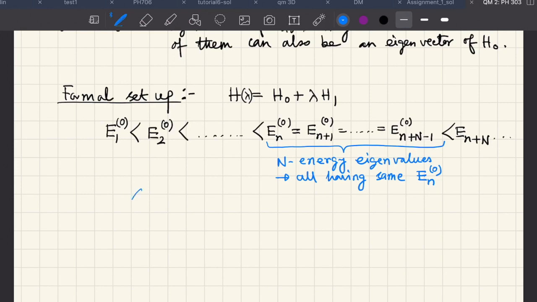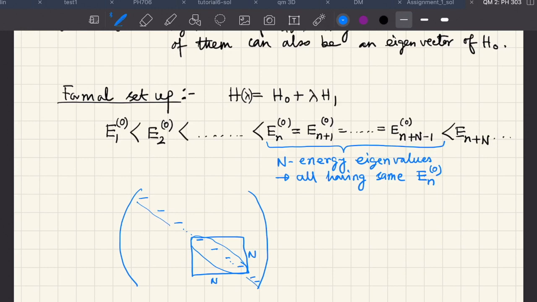So it looks something like this: you have this full Hamiltonian with these diagonal entries, and then it reaches the nth element, and then there are capital N elements all in this N cross N box. So the dimension of this block is N cross N. All these diagonal entries inside the box have the same value, while the others may have different values.